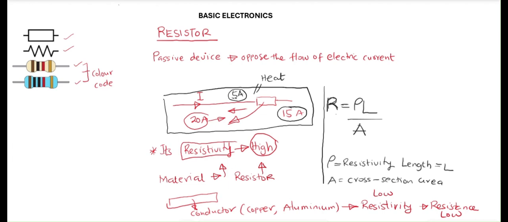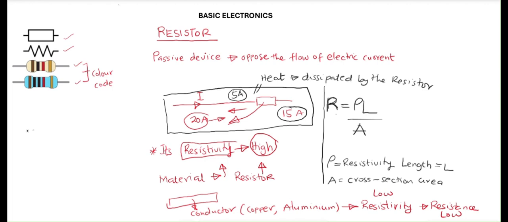This energy of current will be converted into heat and dissipated by the resistor. So in most cases, when you are charging your mobile phone, you realize that your charger has become very hot. It's because the resistors within it are resisting current and dissipating that resisted current in the form of heat.